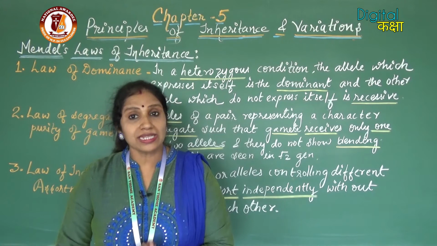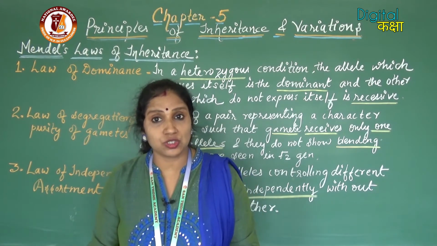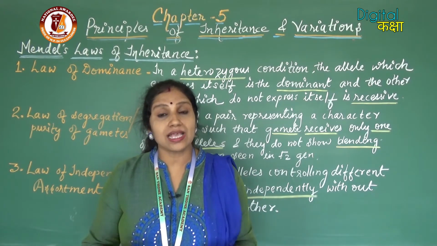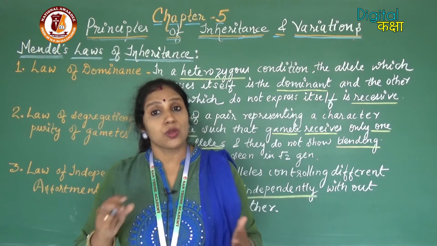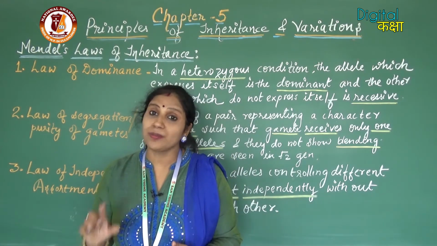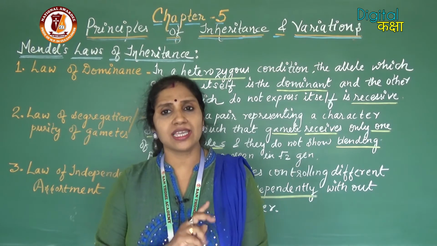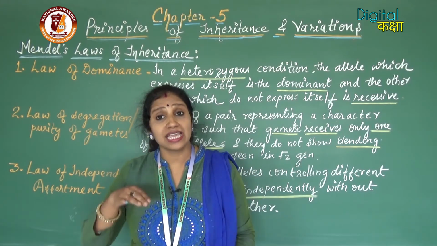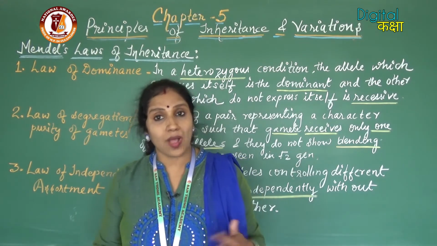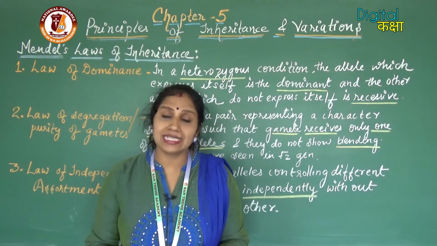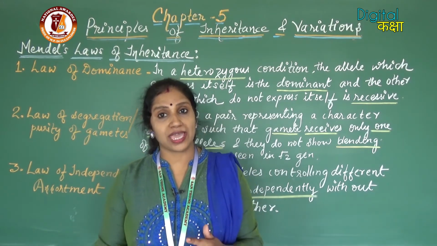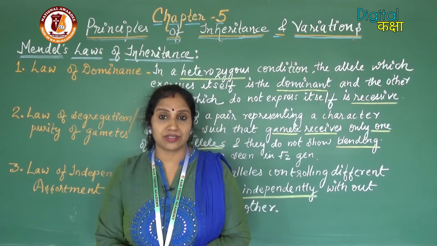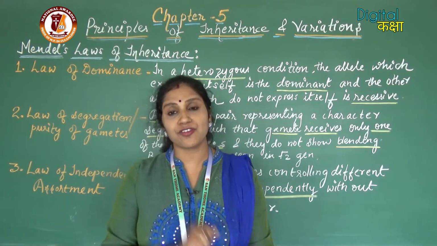When the two alleles come together, they simply associate themselves without mixing or blending. As you have seen, in none of the crosses have we seen intermediate plants. Why? Because the two alleles simply come together and associate themselves at the time of hybrid formation.